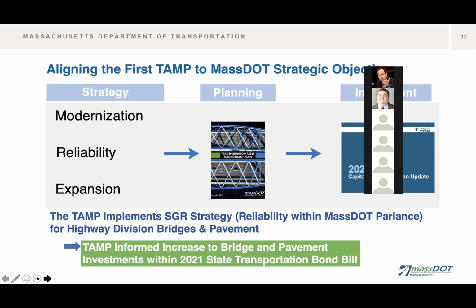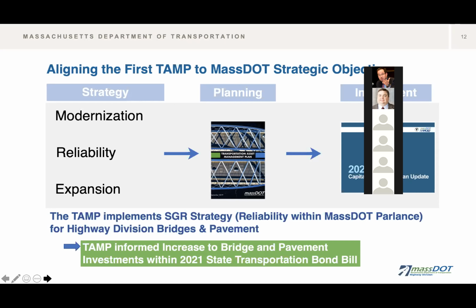So fundamentally, the CIP was structured so that we had the clear categories of modernization, reliability, and expansion. And then within each one of these priorities would be various programs of investment that align with that upper level priority. So at MassDOT, we consider state of good repair to be within the realm of reliability, which is a little bit of a conflict in definitions with the PM3 realm. But that said, for us, reliability really is state of good repair.